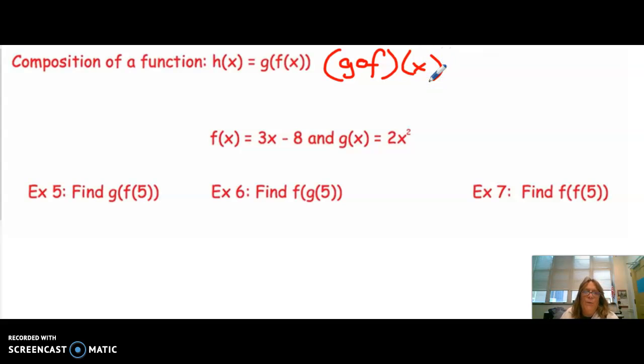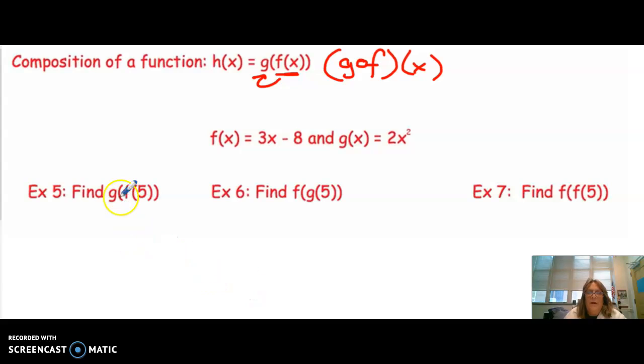Okay, so that open circle means a composition. It's a composite. You're combining. You're plugging the innermost, just like every parentheses, you work from innermost outward. So you're plugging this f function into the g function.